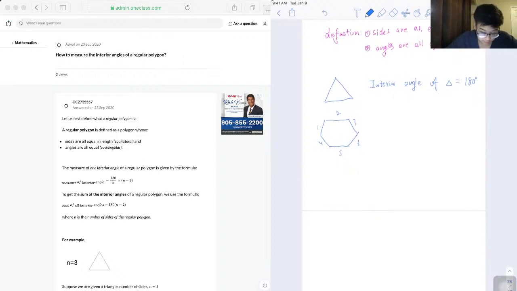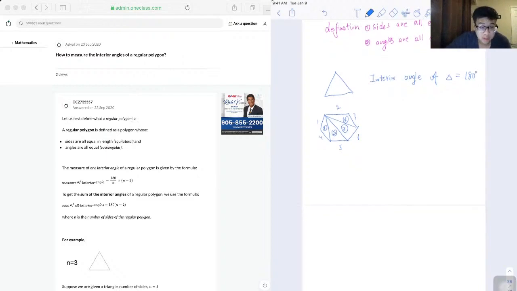And so in this case, when we want to calculate the interior angle for the hexagon, we can first divide it into 4 triangles. So it should look like this. So that's going to be triangle 1, triangle number 2, triangle number 3, and triangle number 4.